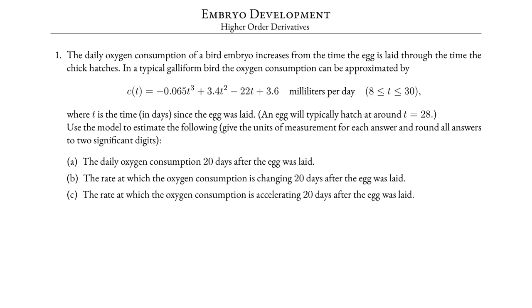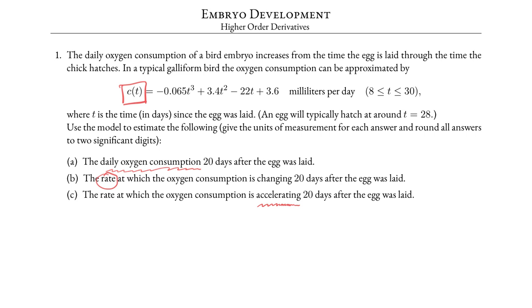On the surface, it might seem that these three parts are similar, but they are not. The first part asks us to find the daily oxygen consumption, which is given by the model. The second part asks us to find the rate, which is the derivative, and the third part asks for the rate at which the oxygen consumption is accelerating, which means that we will need the second derivative.